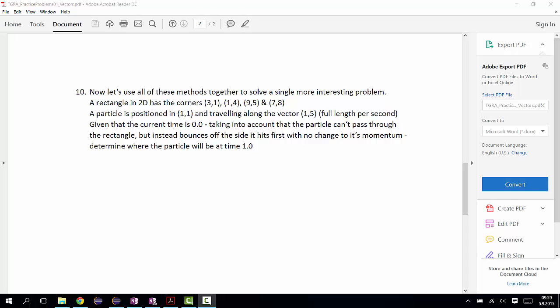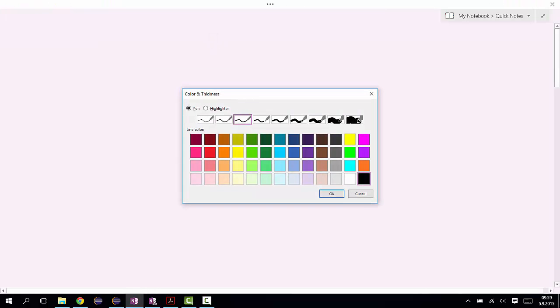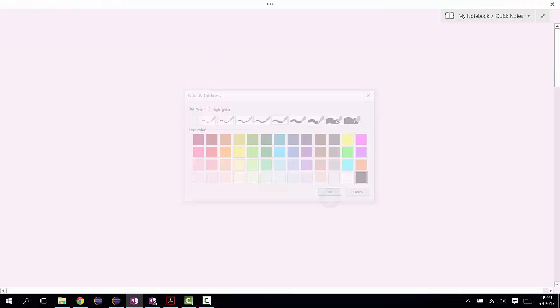So I'm going to look at the numbers here in the rectangle. Highest number on the x-axis is 9 and 8 on the y-axis. So let's set up a little coordinate system here.